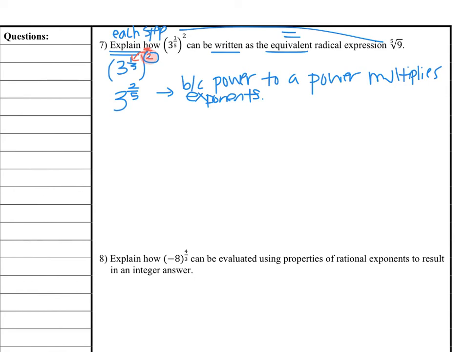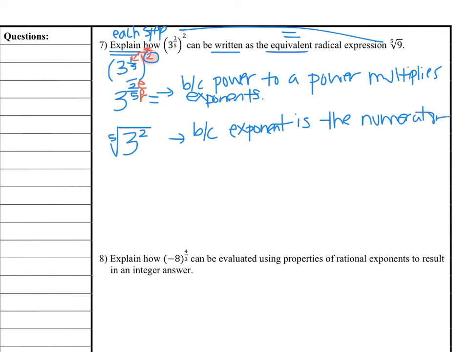Okay, then the next step we're going to use e over r, and we're going to rewrite this as equals the root of 3, and we're going to have the exponent of 2 with 5 going over in the root, or in the index. So remember those terms. I'm going to draw an arrow, and we have to explain because the exponent is the numerator, so the top of that fraction.